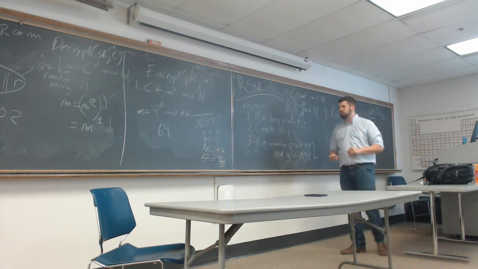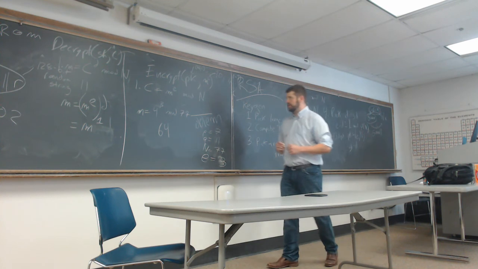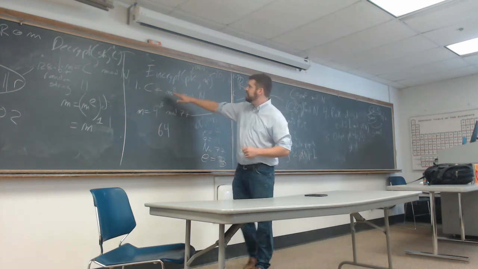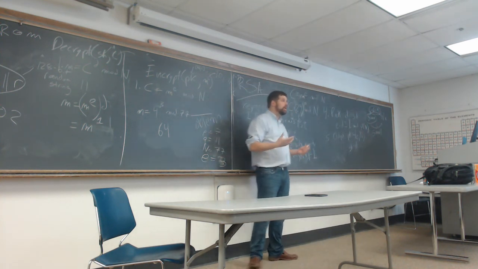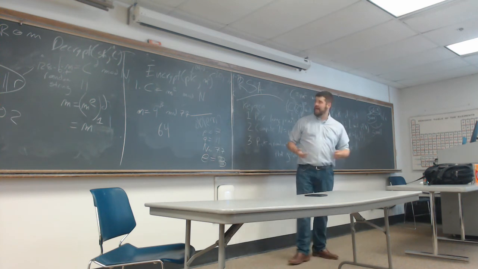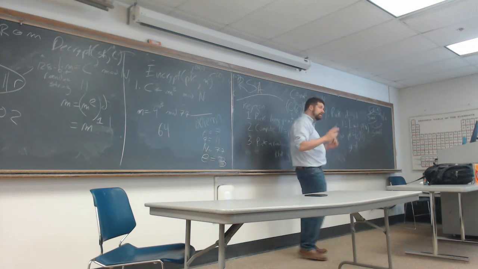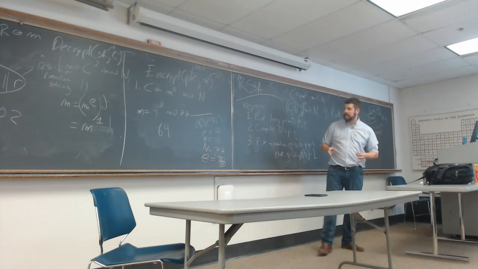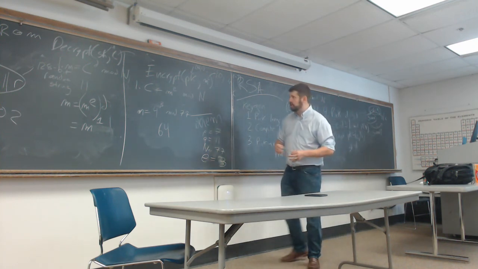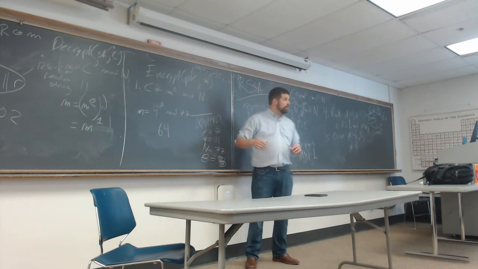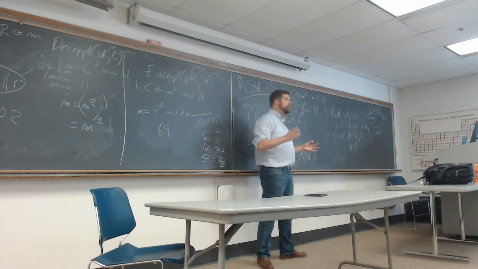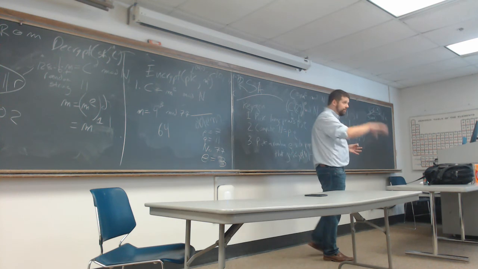So the claim in RSA, roughly speaking, is that if m to the e is significantly larger than n, then it's going to go around the modulus many, many times. And the assumption there, the RSA problem, is that if m and e are large enough, it's going to go around n so many times that we know of no fast algorithm for inverting it.